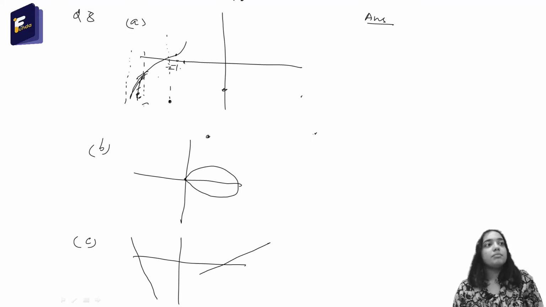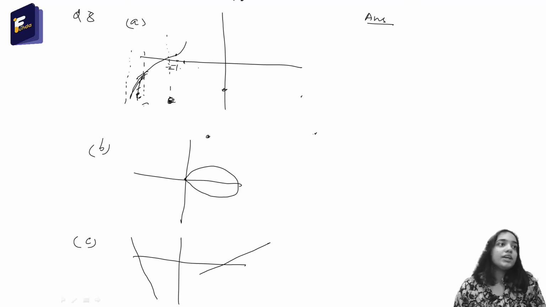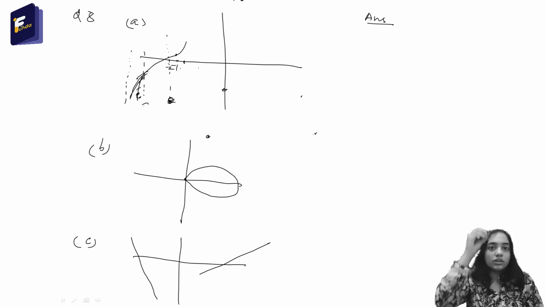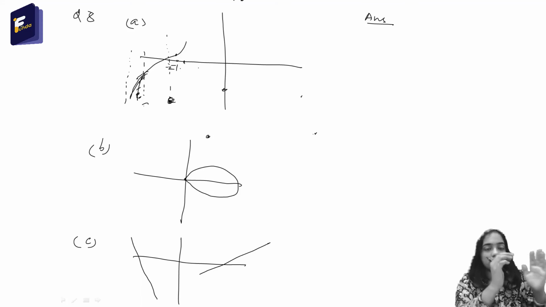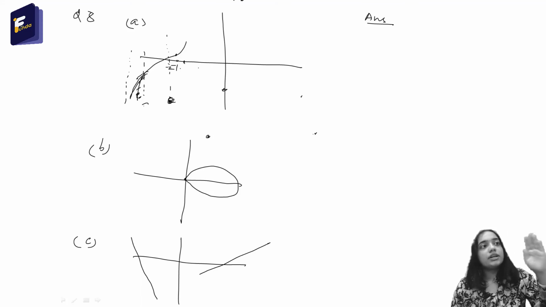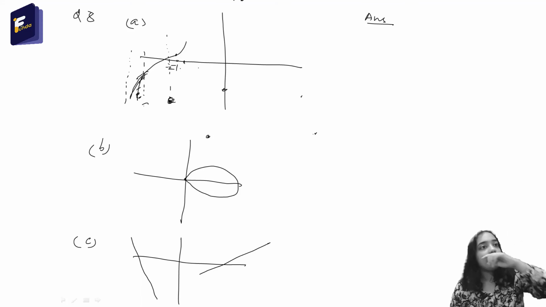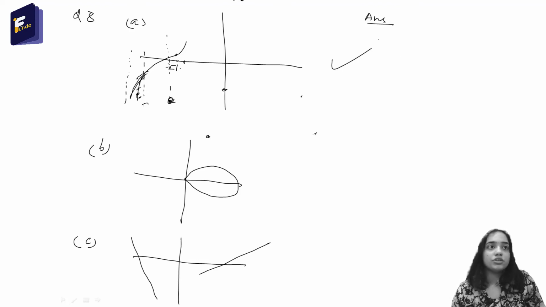So that means this is not a function, because we are getting two outputs. But fortunately, here, for every vertical line drawn on the graph, it touches the graph at only one point. That means this is the graph of a function.